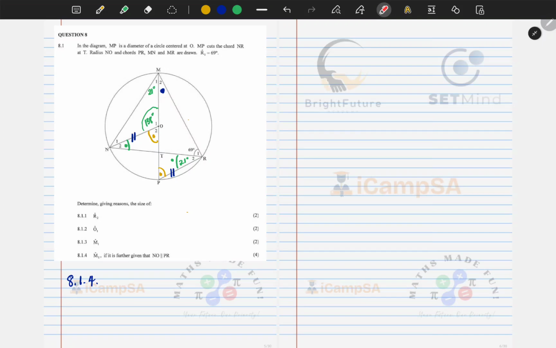And I can do the sum of angles in a triangle. I'm going to repeat that. If I can find this angle, it means that I already have this one because I've found this one.